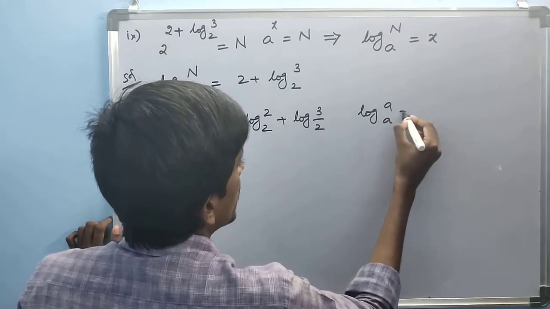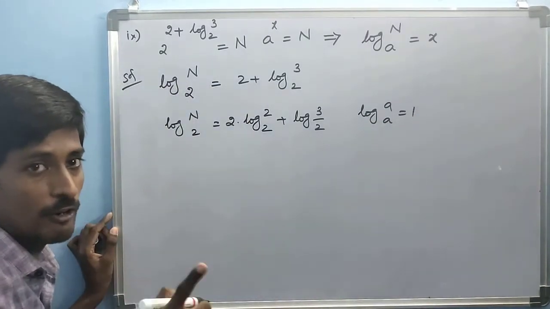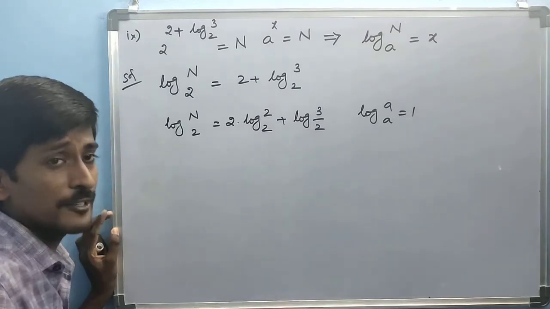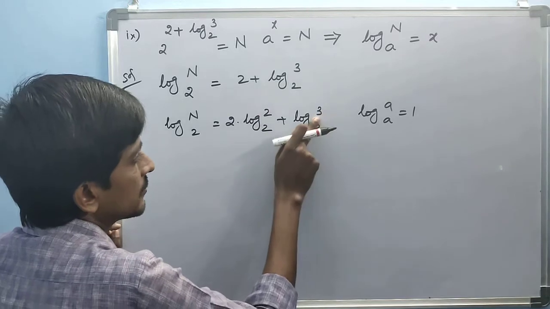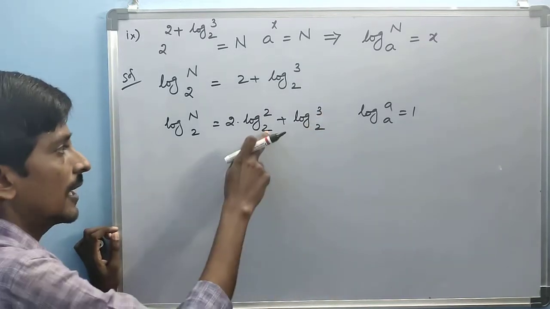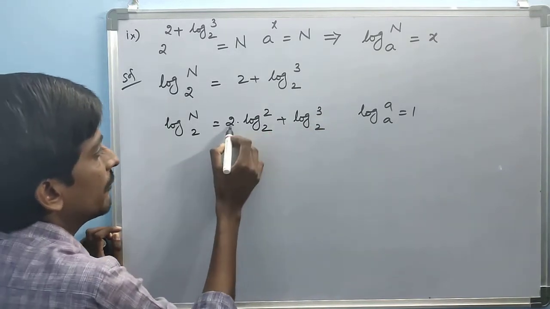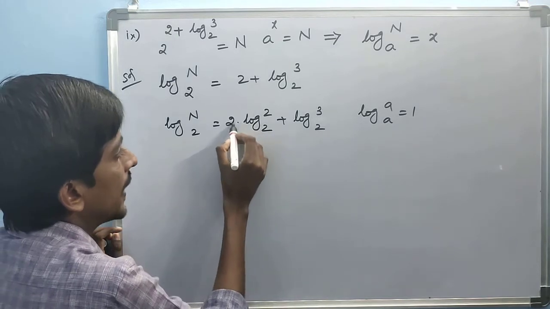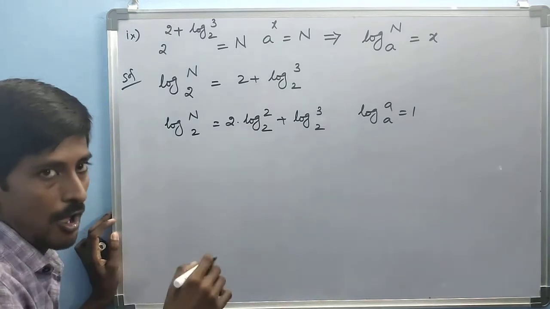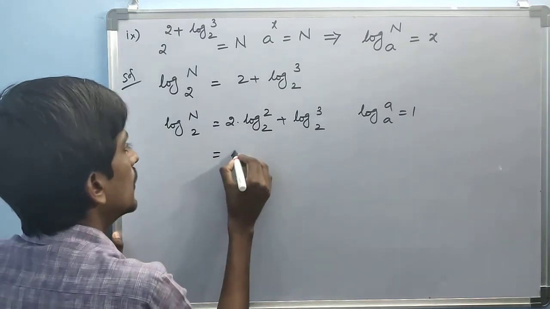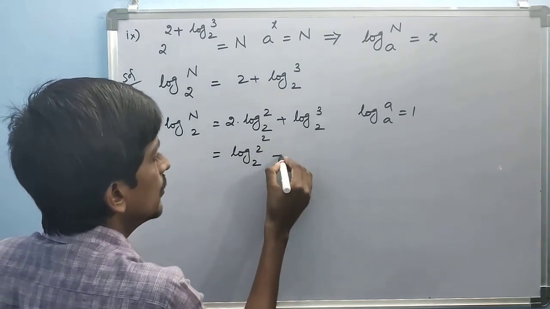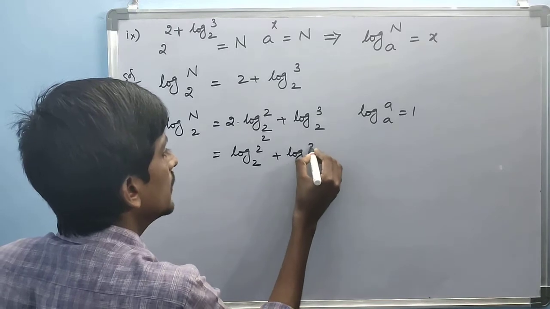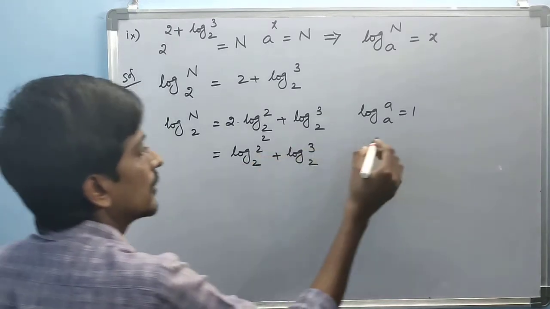Log a base a is equals to 1. That is a formula also. I said in the introduction. So I take log 2 base 2 because here also 2 is there. So I will take the 2. It is in the form of m log a, m log a form. So log 2 square base 2 plus log 3 base 2.